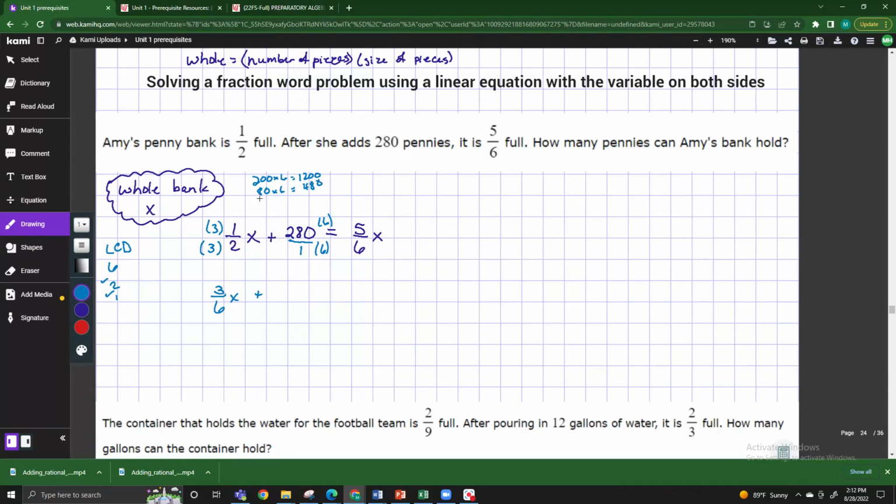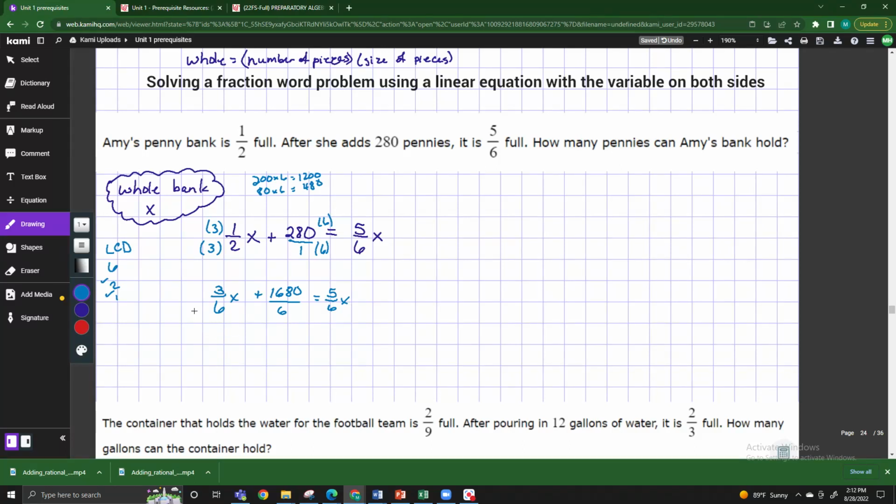So 280 times 6 is going to be 1,680 over 6 equals 5/6x. Don't forget that whole number needs to have that same common denominator as well.